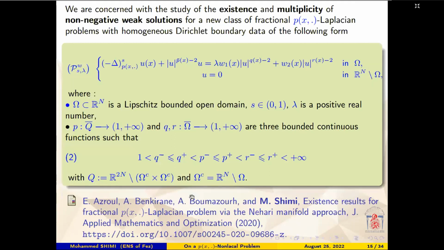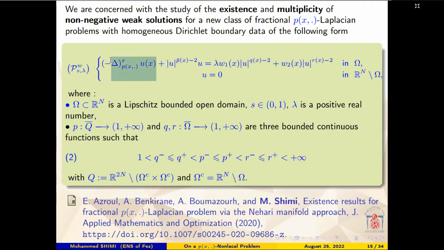So we are concerned with the study of existence and multiplicity of non-negative solutions for a fractional p(x)-Laplacian problem with Dirichlet boundary data, which is given by problem P_{s,λ,W}.